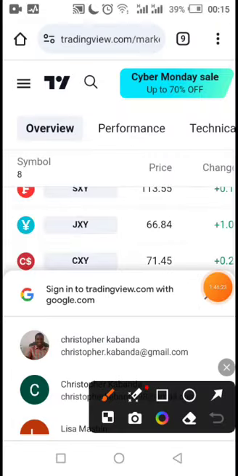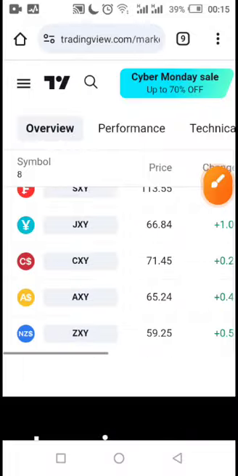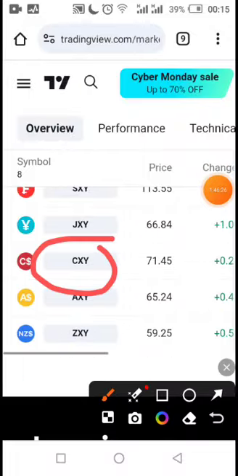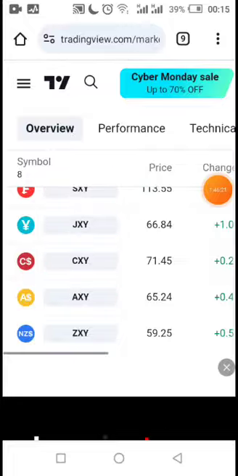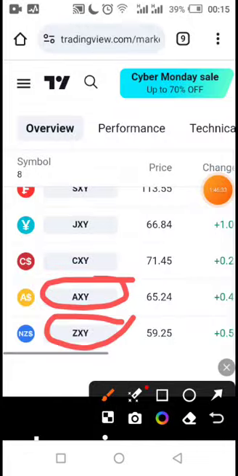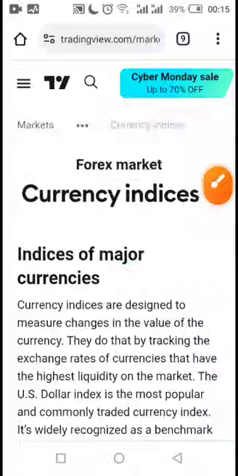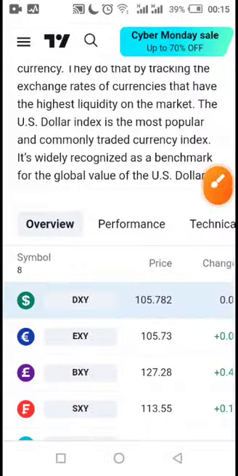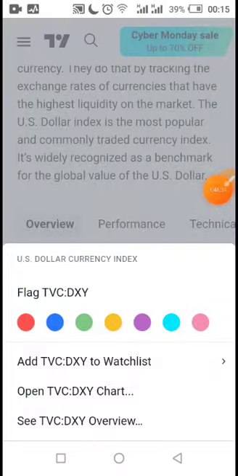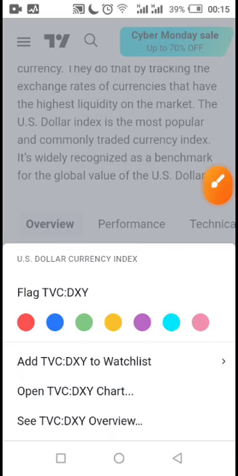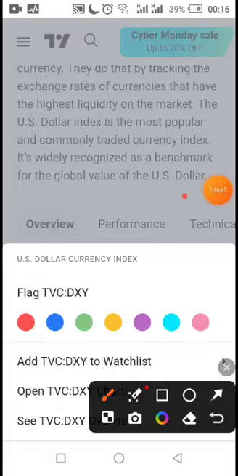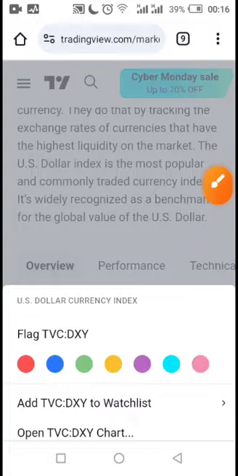No, maybe the one from Switzerland will be this one, and then this one. You can always check them. Then this one may be from Australia, and that one from New Zealand, but you can always check them. Actually, if you select it, you can then see the name of the currency.